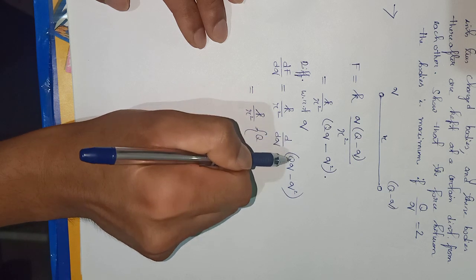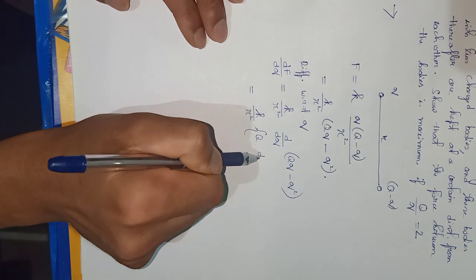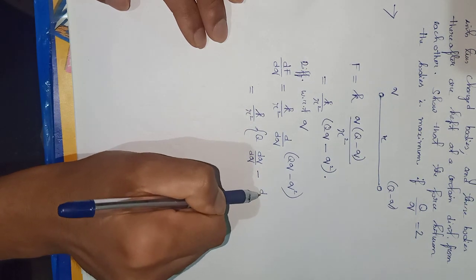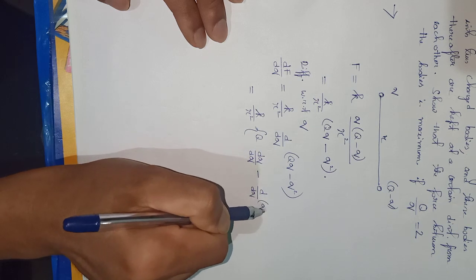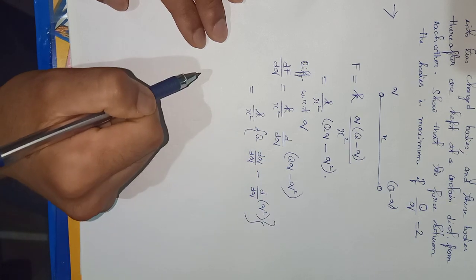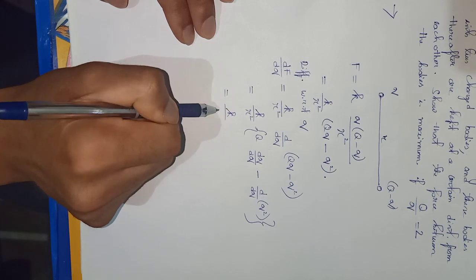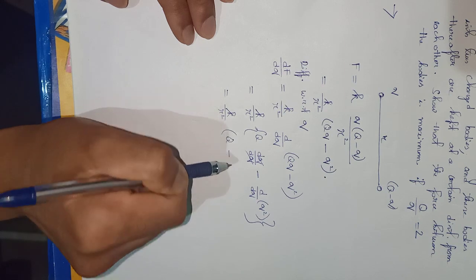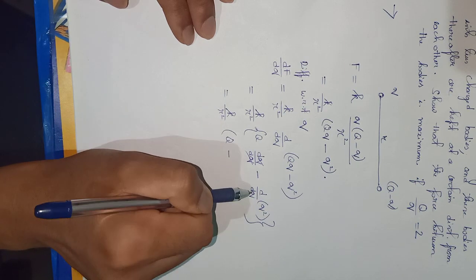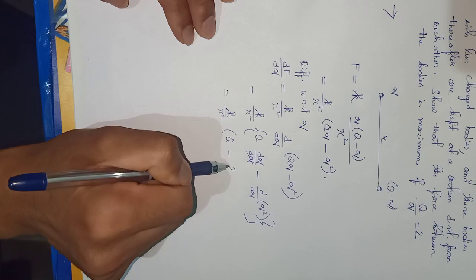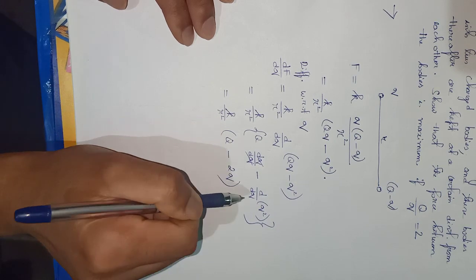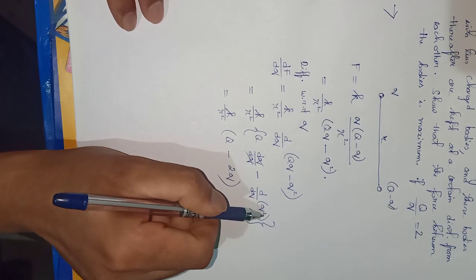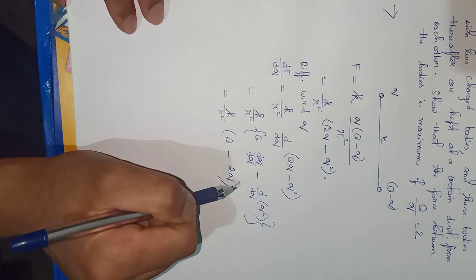So we differentiate small q with respect to small q, so dq by dq, minus the differentiation of q square with respect to small q. Here dq cancels out, so it is Q minus the differentiation of q square with respect to q, which will be 2q, since differentiation of x square is 2x. In the same way, differentiation of q square with respect to q will be twice q.